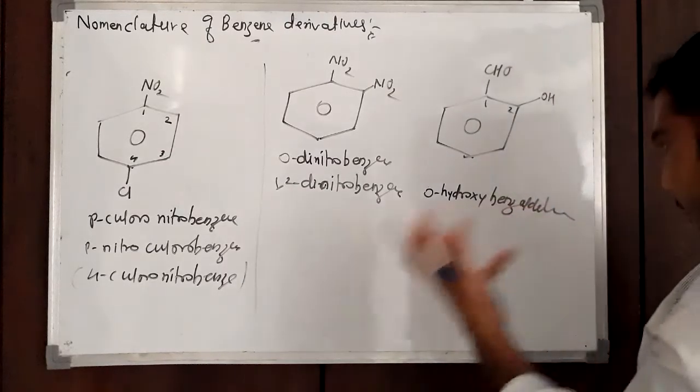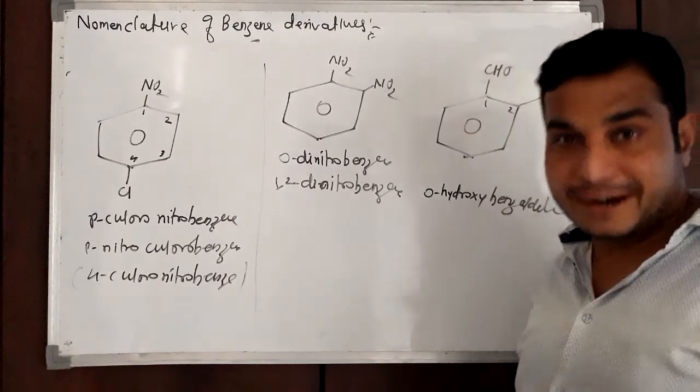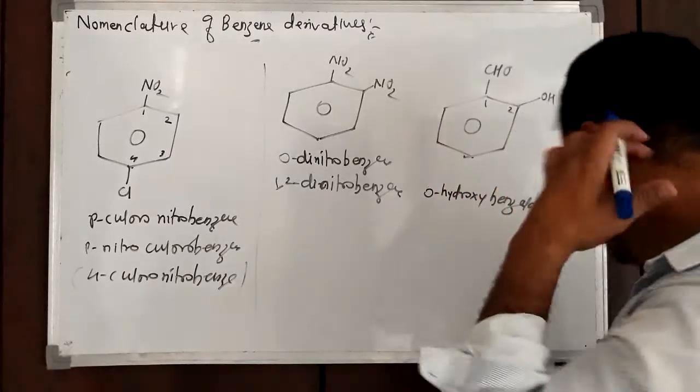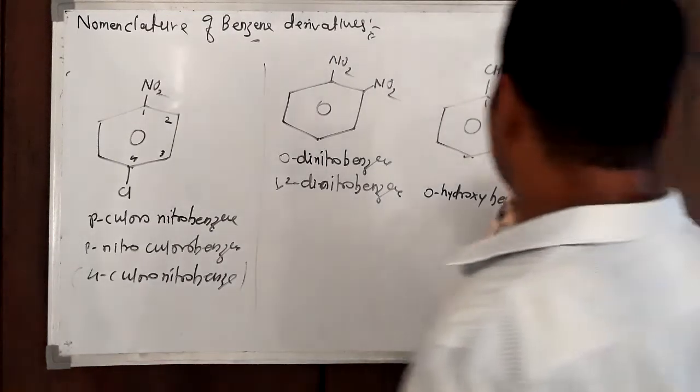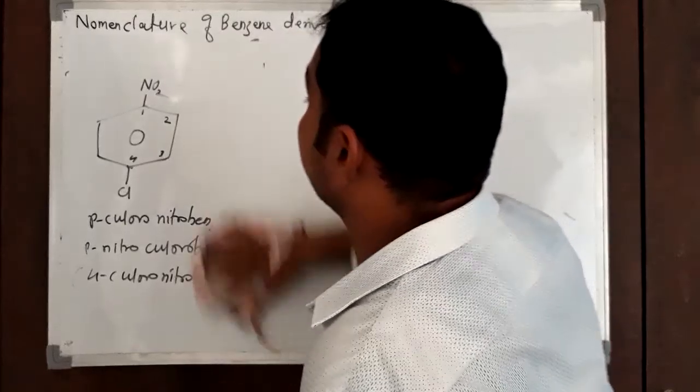Okay, or P hydroxybenzaldehyde, M hydroxybenzaldehyde, and its common name is salicylaldehyde. Okay, so these are some examples of disubstituted benzene.